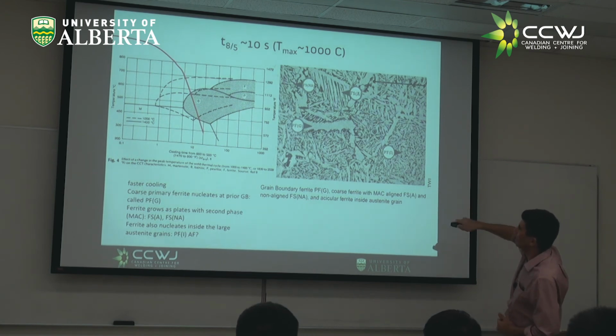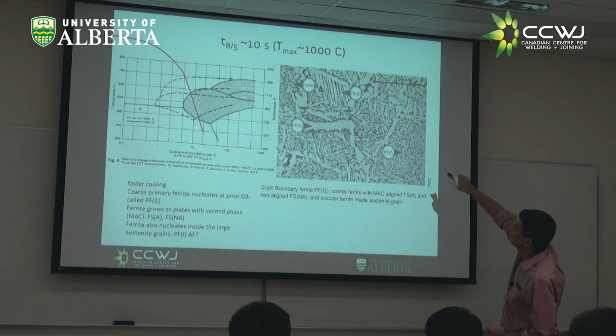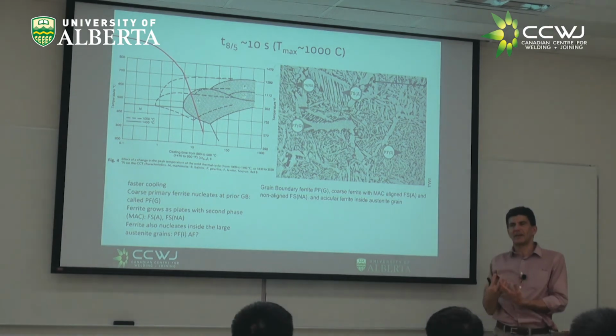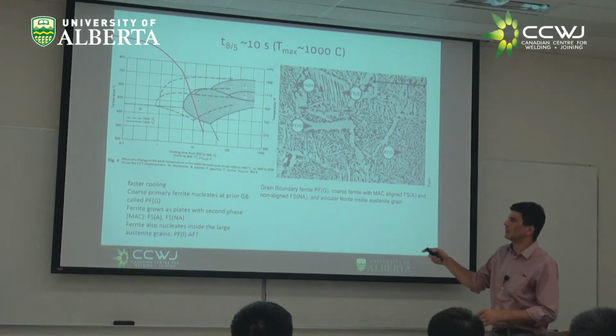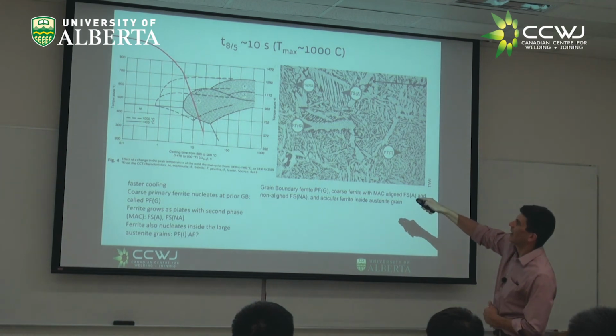And we have primary ferrite, and you see all these features. FSA means ferrite with second phase aligned. This is primary ferrite intergranular. These features, they have this bainitic type of character, right? In which we have a combination of displacive and diffusive transformations.